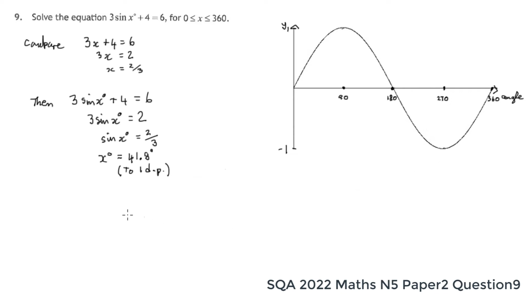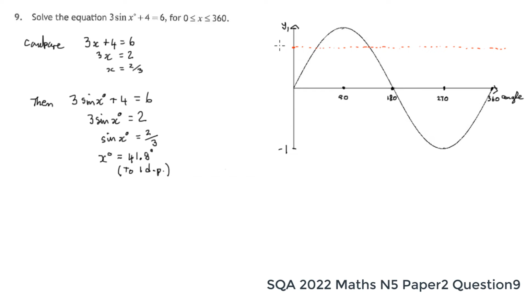Now what we're asked to solve in this equation is to find angles whose sine is 2/3. Now on this diagram, 2/3 will be about there, and therefore we're looking for heights in this graph, values of sine which are 2/3.